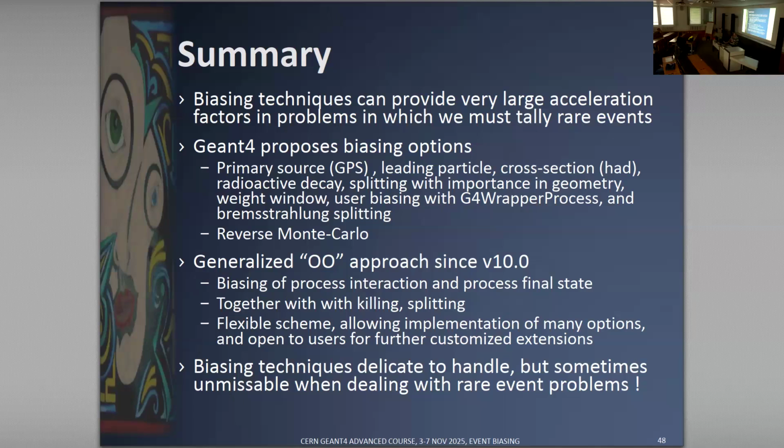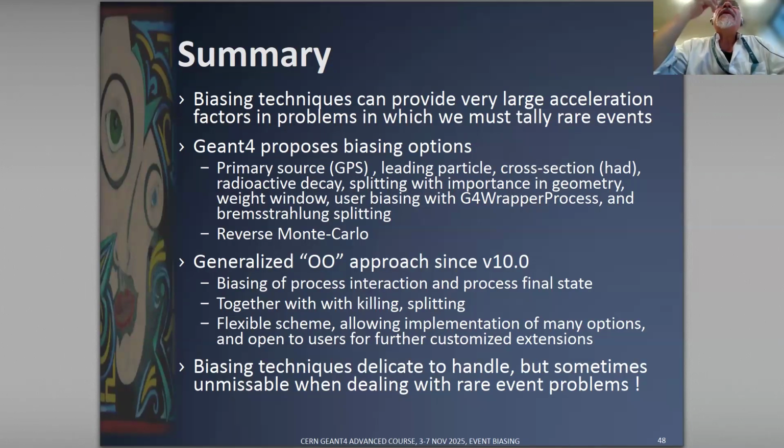My question regarding cross-section biasing with the general biasing scheme: what is the best way to avoid over biasing? What are your recommendations? I would say my recommendation is to try. You have a learning phase when you are doing biasing, where you make a gross estimate first.